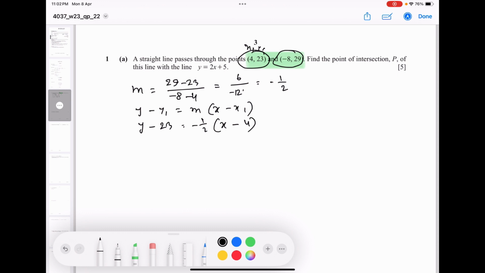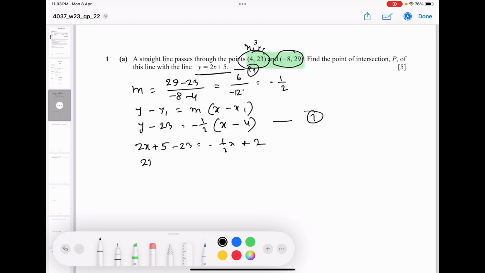Now let us solve these two equations simultaneously. That means y equals 2x plus 5 is equation 1. To solve these two equations simultaneously, let me substitute y equals 2x plus 5. So 2x plus 5 minus 23 equals minus half x plus 2.